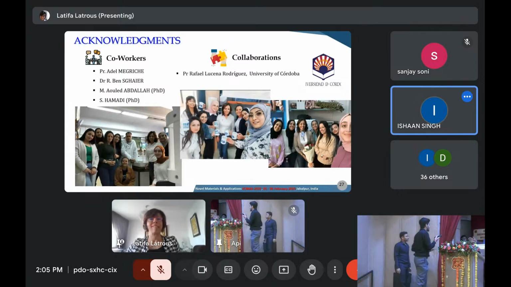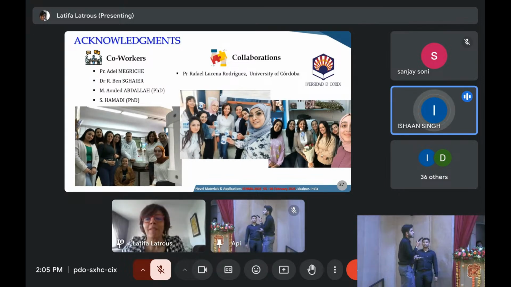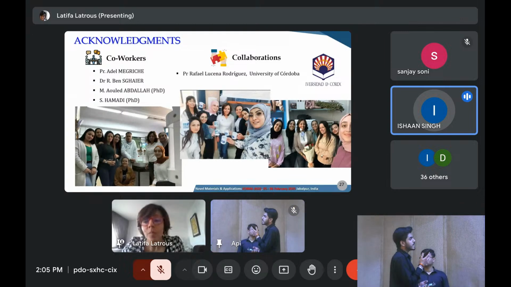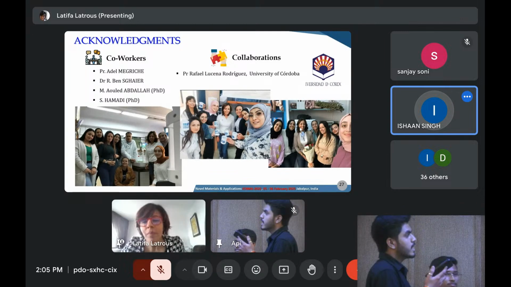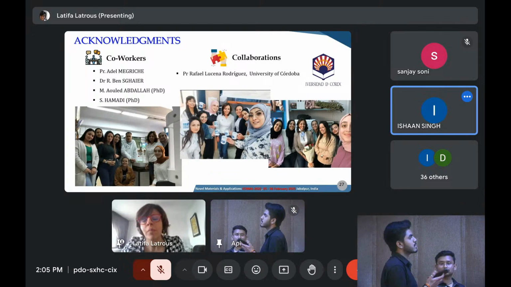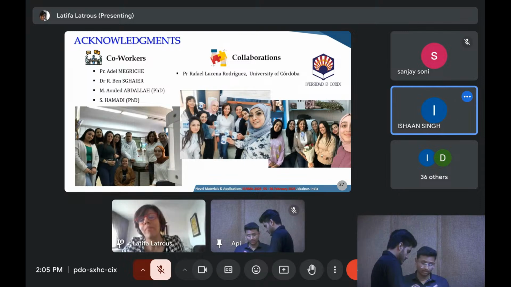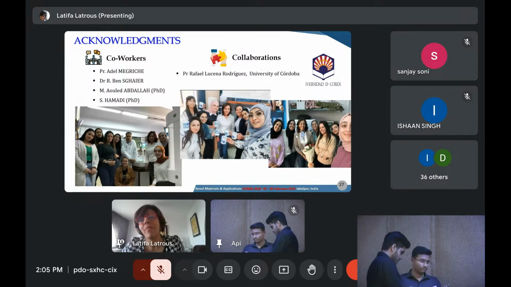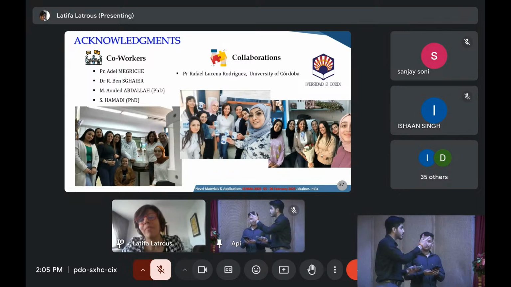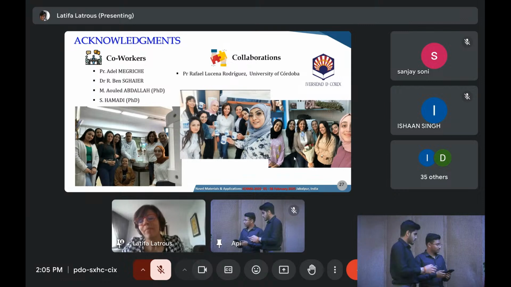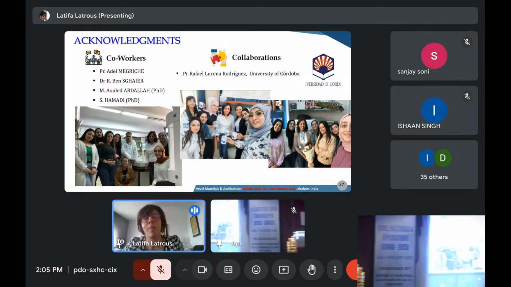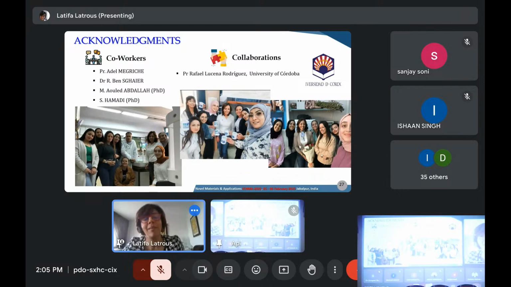Ma'am, how does the polymeric arrangement of cotton affect the mechanical strength? You are speaking about the mechanical strength? Yes, it's about mechanical strength.